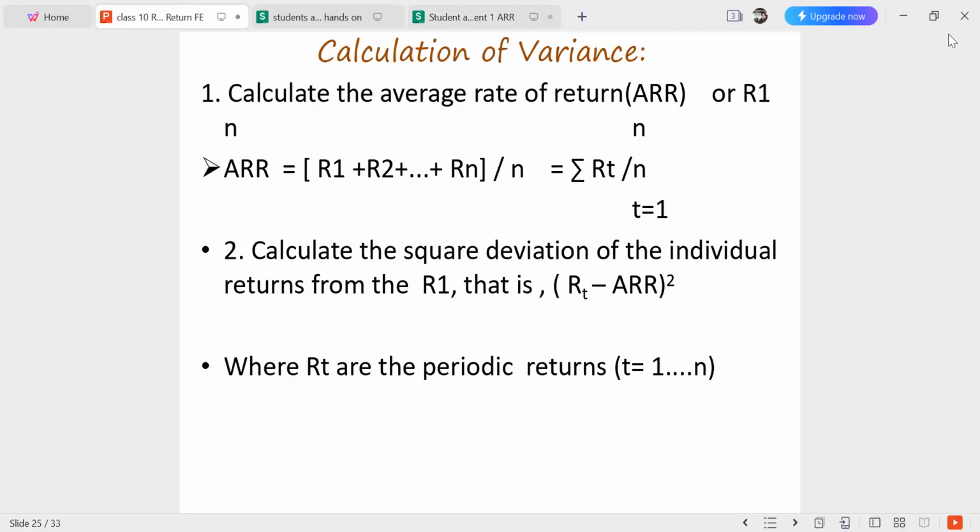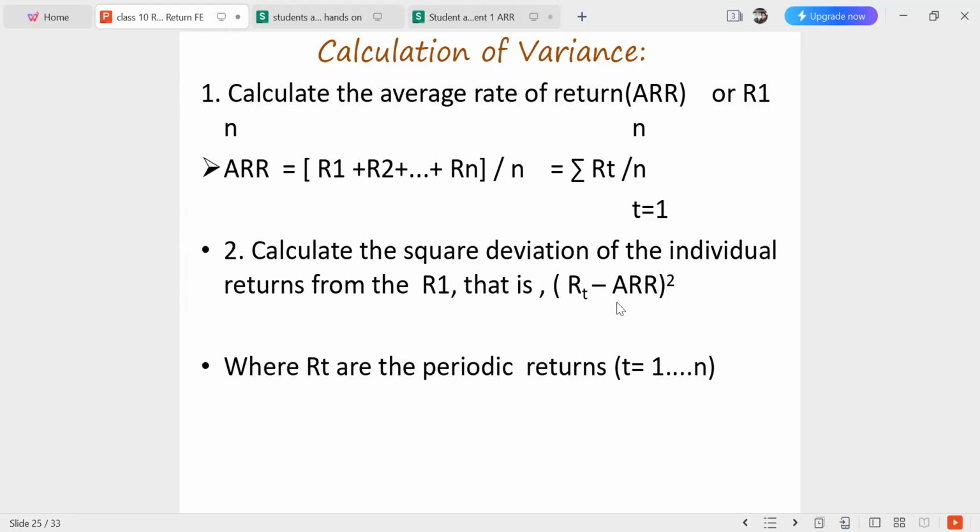How to calculate the variance? Okay, write the steps, because you are going to calculate it now. What are the steps for calculation of this variance? First, you will calculate the average rate of return. You know how to do it. Simply calculate the ARR, which you have just done now. After calculating, you take the deviation of the return of every year from the ARR.